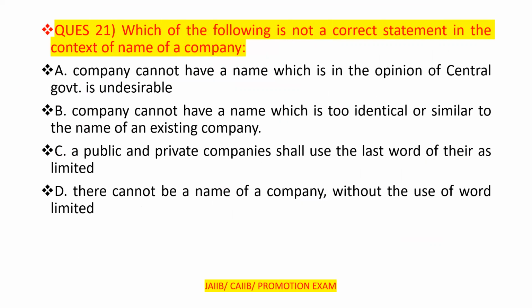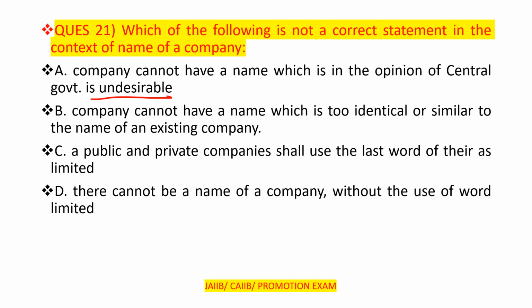Which of the following is not a correct statement in the context of a company? Please tell fast. Option A: a company cannot have a name which, in the opinion of the central government, is undesirable.